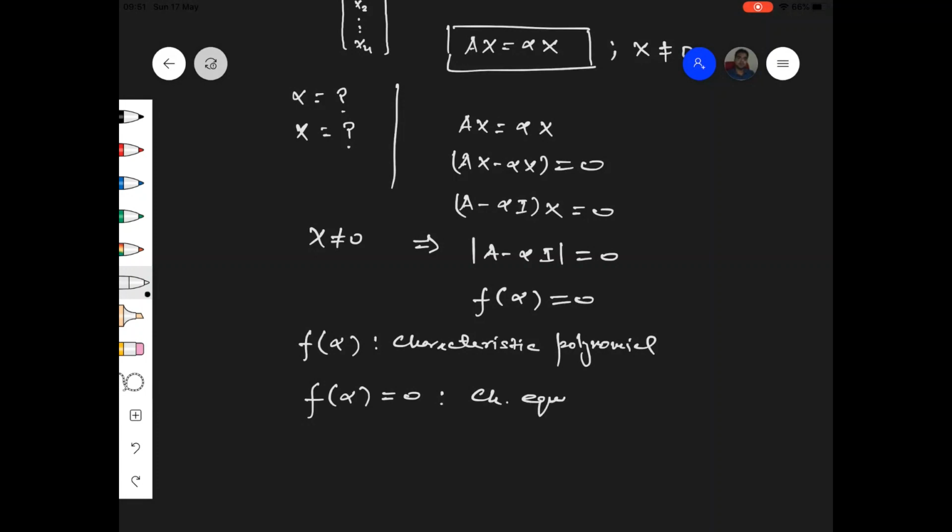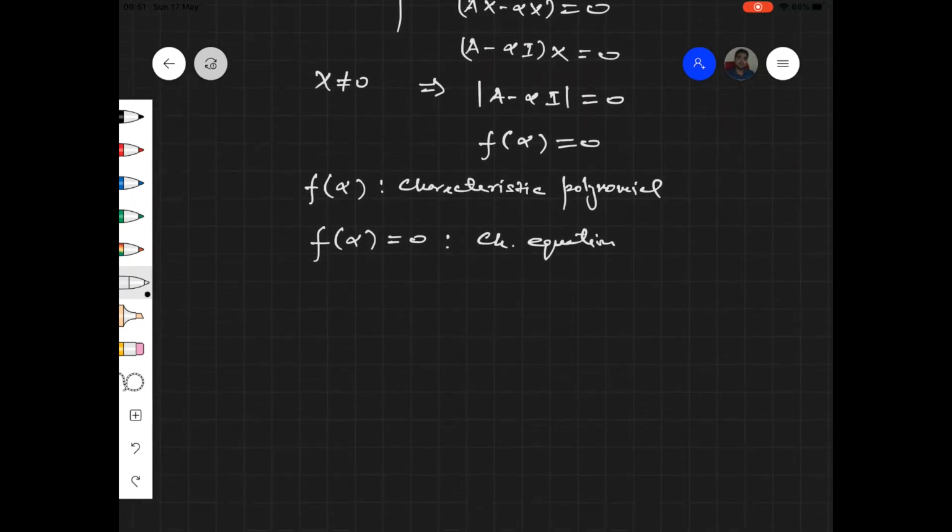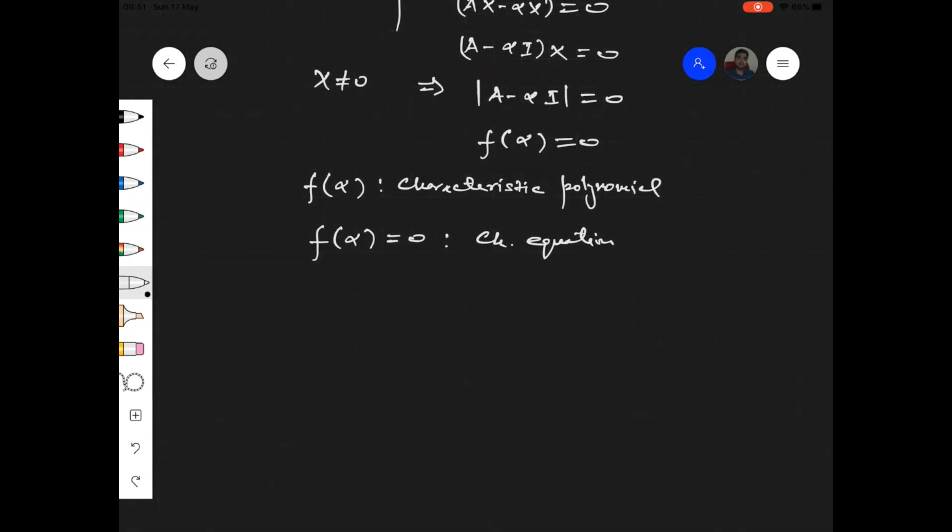By solving this characteristic equation, we can have the values of alpha, and it will determine the eigenvalues of a given matrix. So here was the way to introduce the eigenvalues and corresponding eigenvectors.